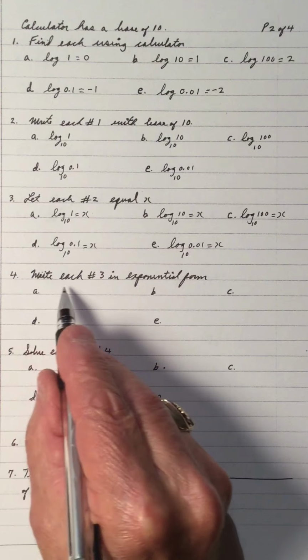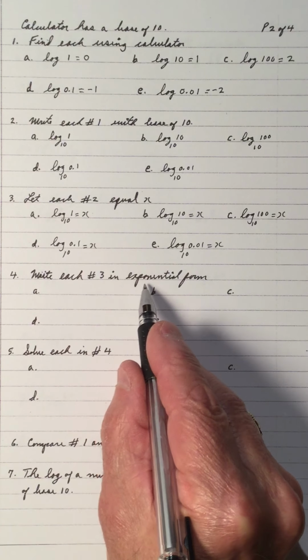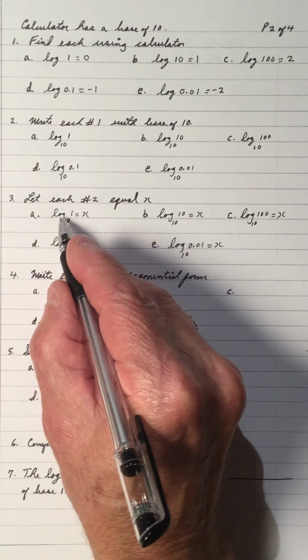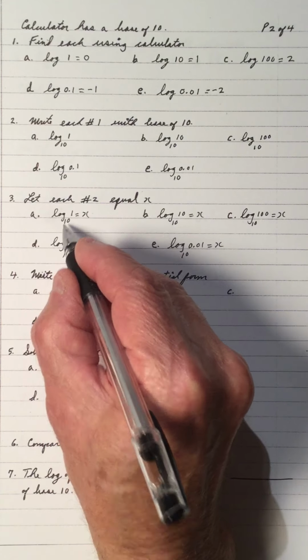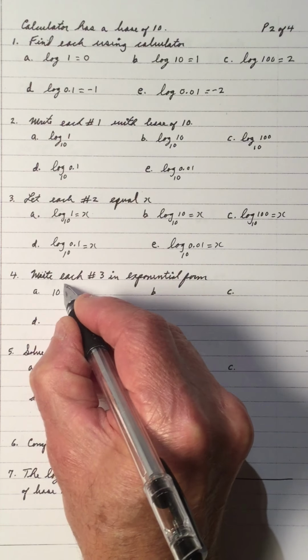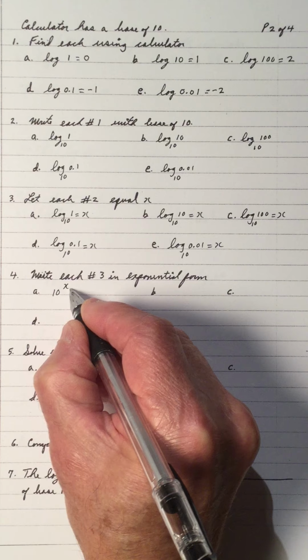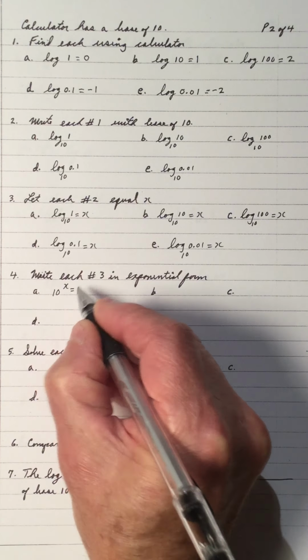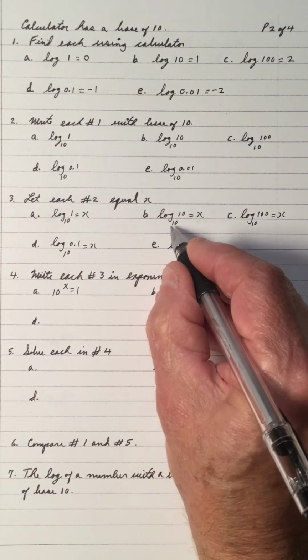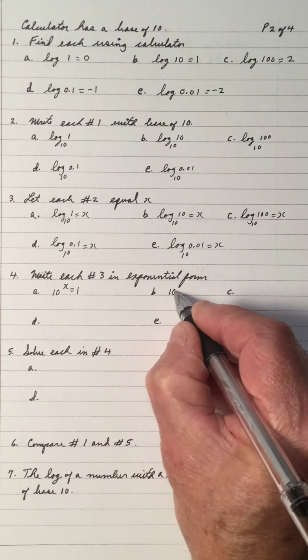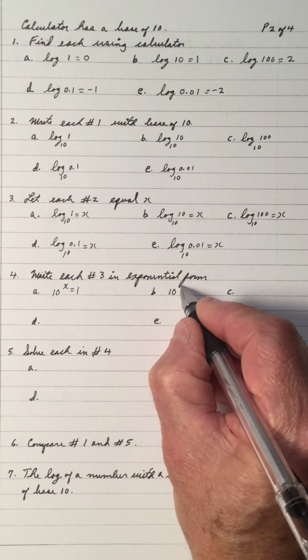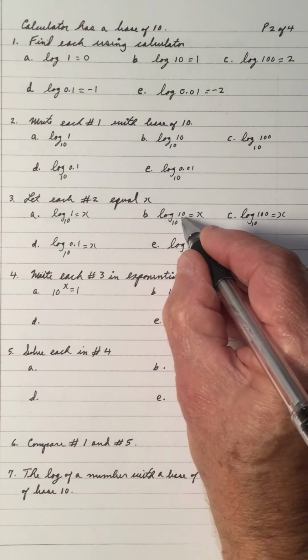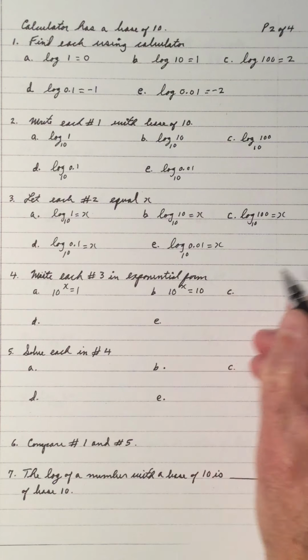Now, number 4, write each in number 3 in exponential form. So this is the log form, so the exponential form is base, exponent, number. Base is 10, exponent is x, number is 10.